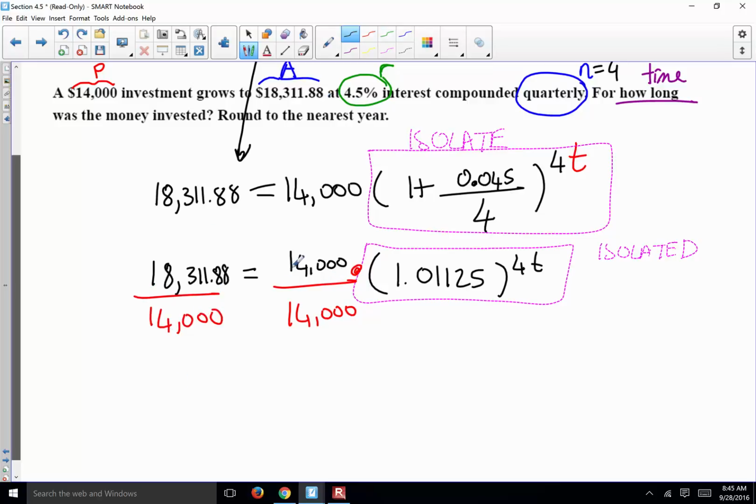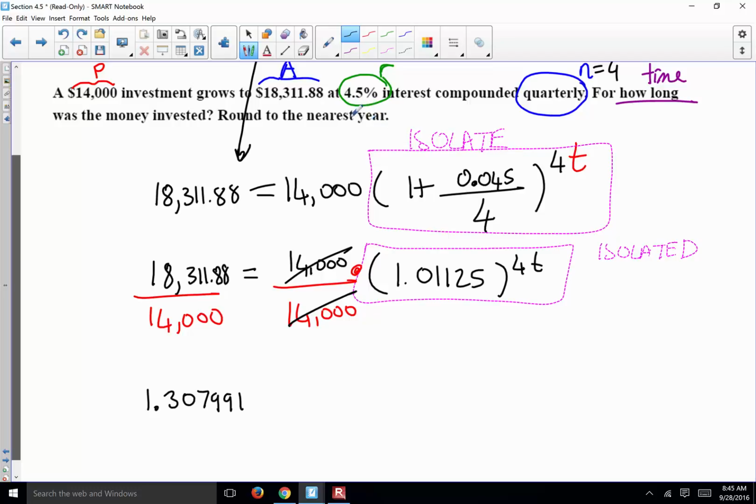Okay? Now divide, somebody. 1.307. It's an exact number like this, not ending here. It's 99. Earlier was fine because it's just the nearest year.